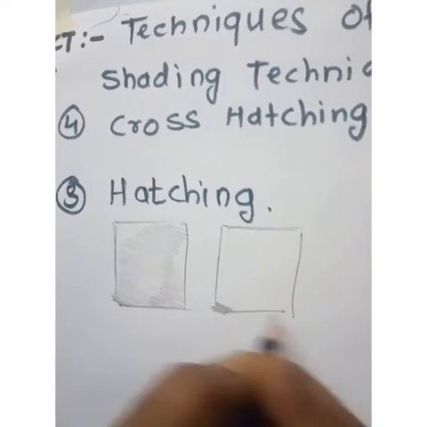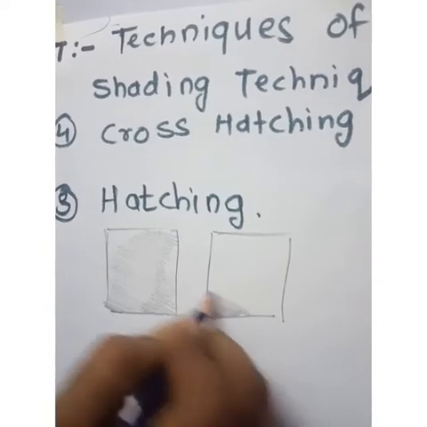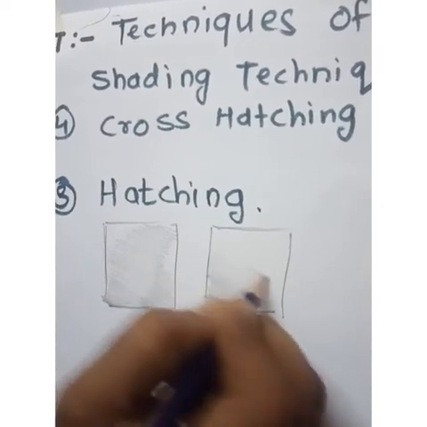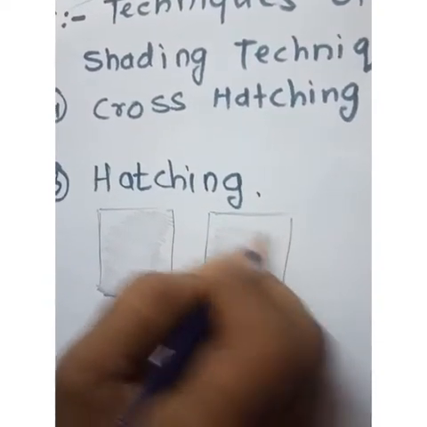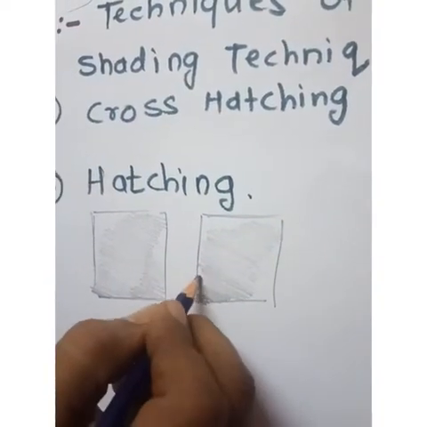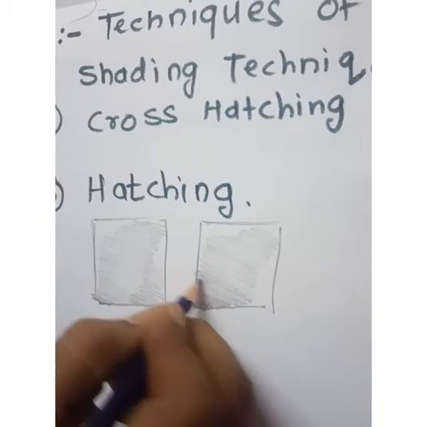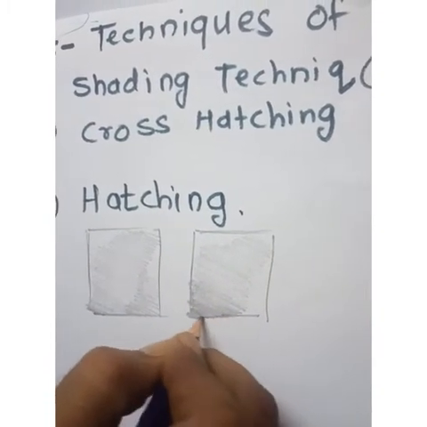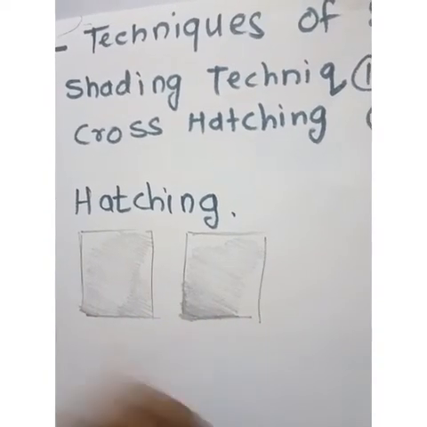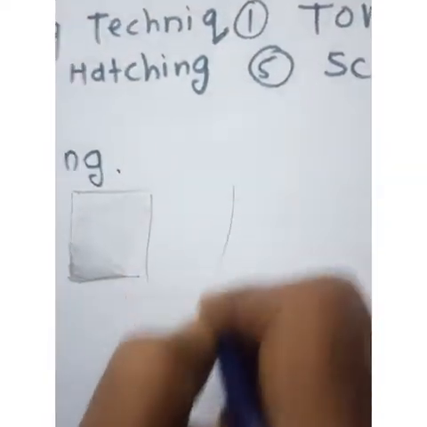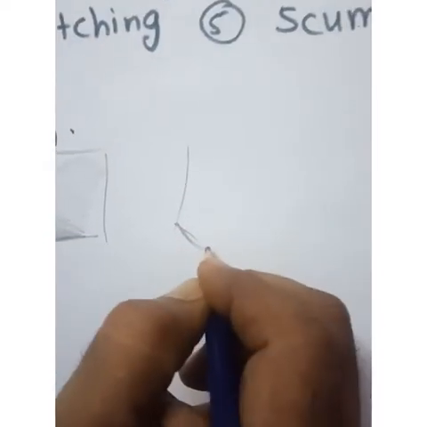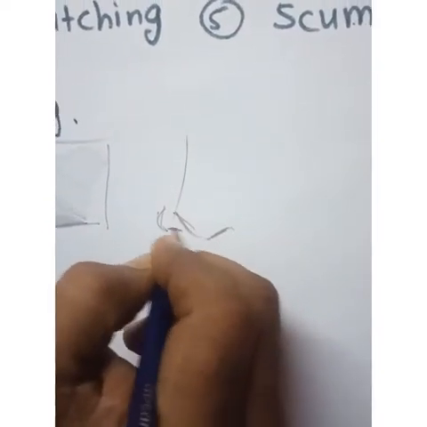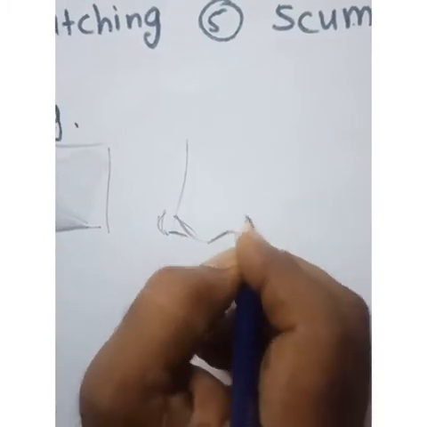Now here also, wherever you need dark part, there you have to press your hand. Where you need light and medium, the same way this technique you have to use. In hatching you are going to use any one direction. Same way we are going to make a nose here, and we are going to use this technique for that. So it will be easy for you to understand the techniques.